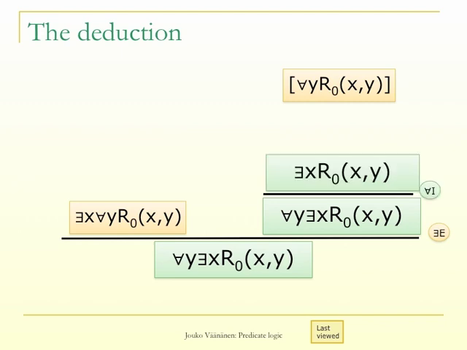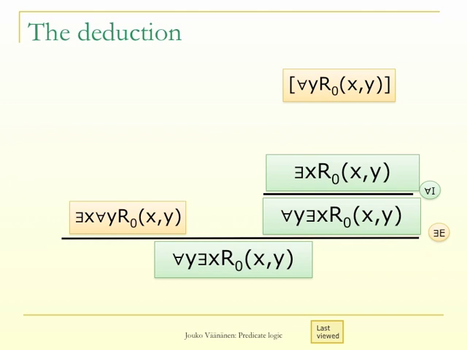Okay, we can first observe that if we can derive ∃x r0(x,y), then hopefully we can take advantage of the universal quantifier introduction rule and conclude ∀y ∃x r0(x,y). This seems promising since y is not free in the assumption ∀y r0(x,y).